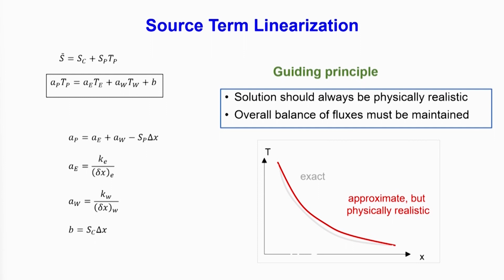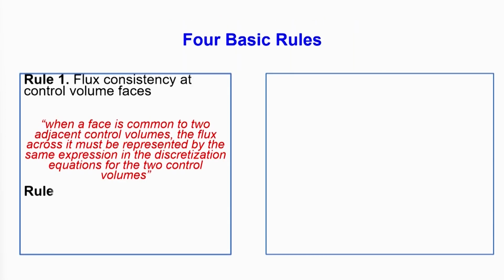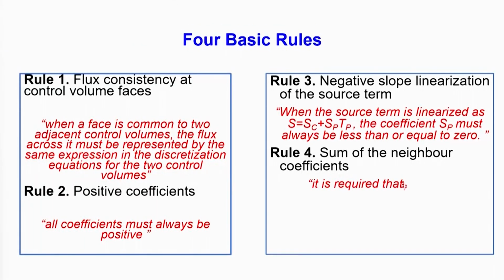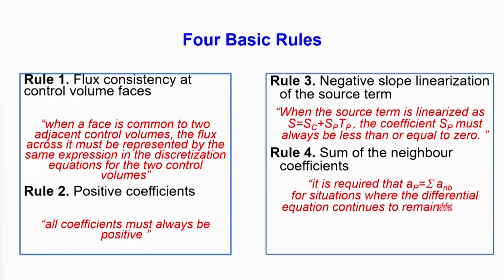So to make it airtight, your formulation should make SP itself negative so that you always have AP positive. That is what is formalized through this, which is that the slope of this linearization of the source term, SP, must always be negative, or I don't know, it may be 0 also.